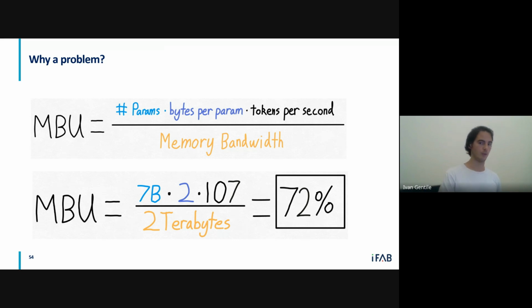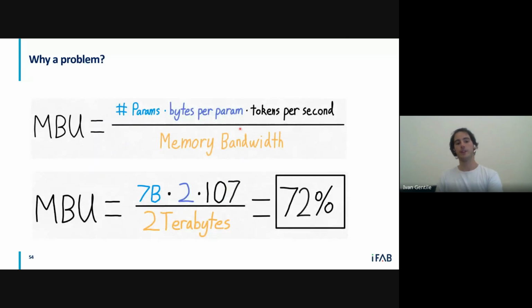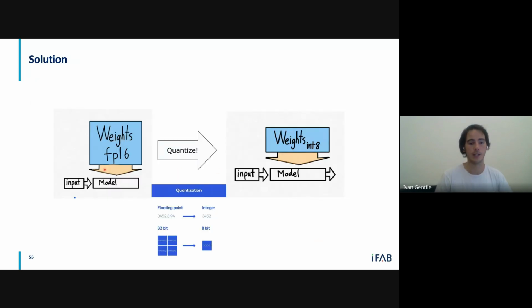What can we do in order to solve this issue? We can quantize. What we do essentially is we have these bytes per parameter here. We can simply halve it by switching from FP16 to int8.